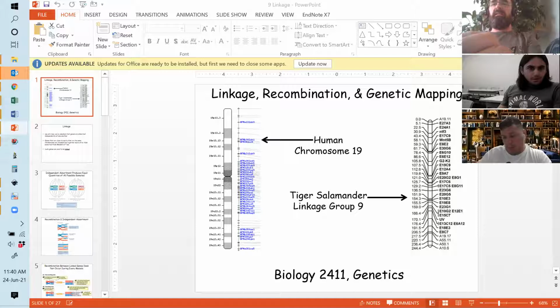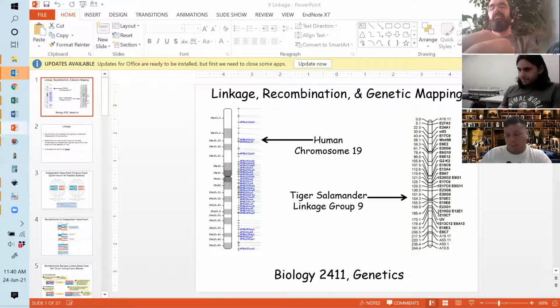So it's basically the same for any given part of the chromosome. And there are exceptions to that, which we'll get to later on. For every given same size chunk.